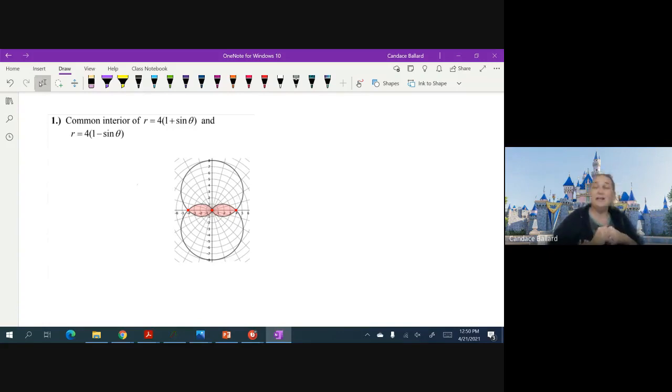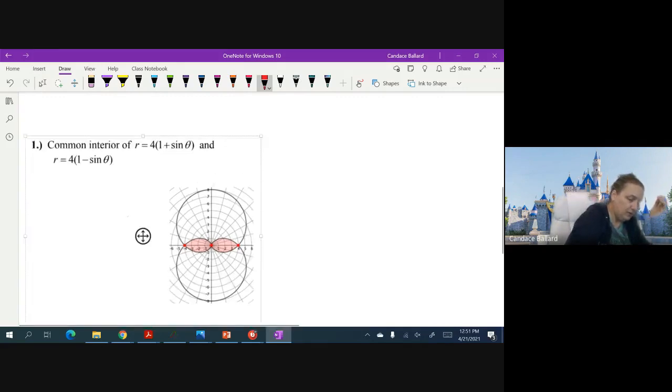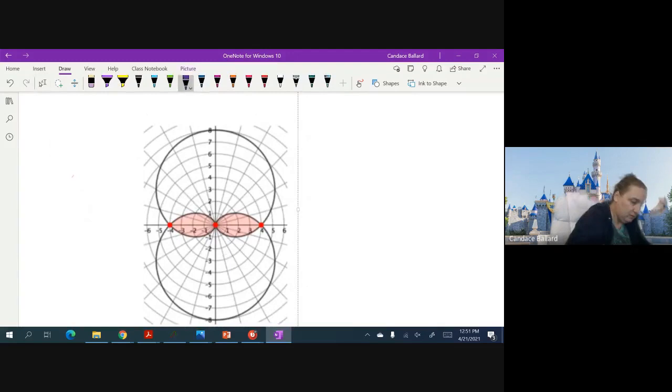So you have to be kind of careful on this one. It looks like it has both horizontal and vertical symmetry. And it probably does, but it might not on the test, so you got to be a little bit careful. If I started here, I'm going to zoom. If I started with my spray paint at the pole, I'm going to go this way on that bottom function, and then it's going to come over here.